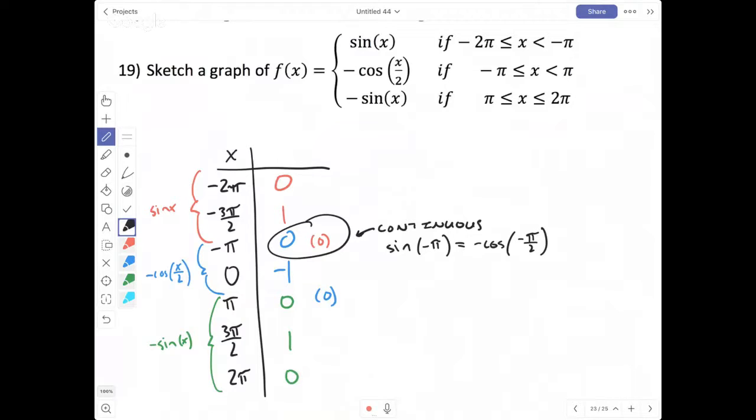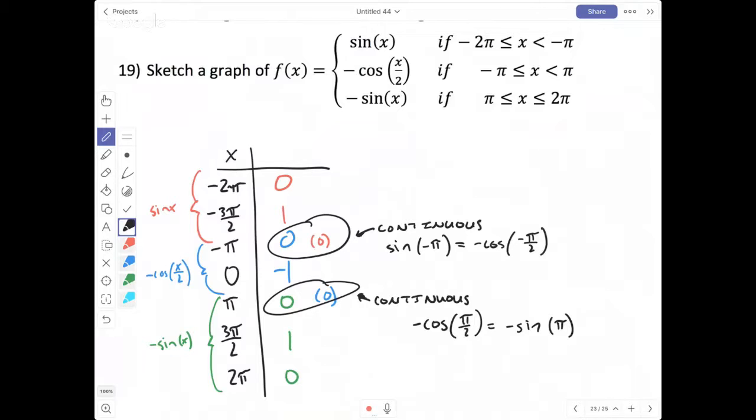And again, here, this is continuous because the negative cosine of pi over 2 is equal to the negative sine of pi.